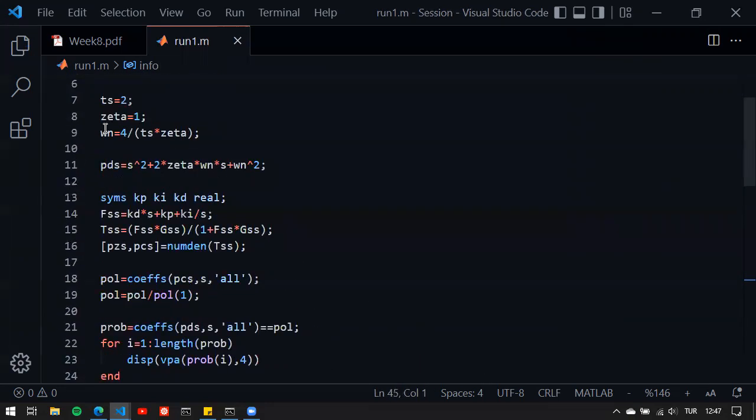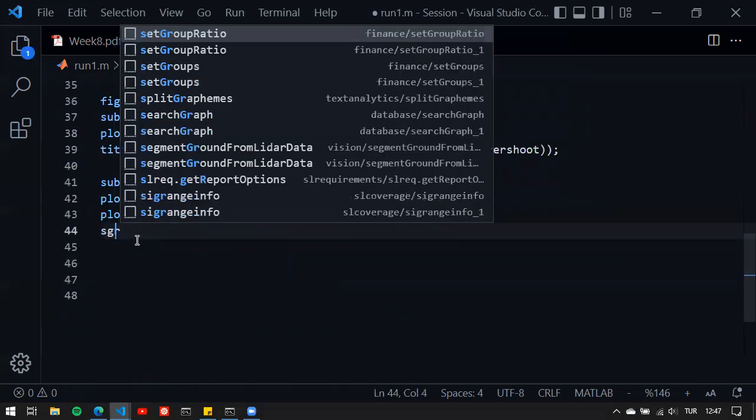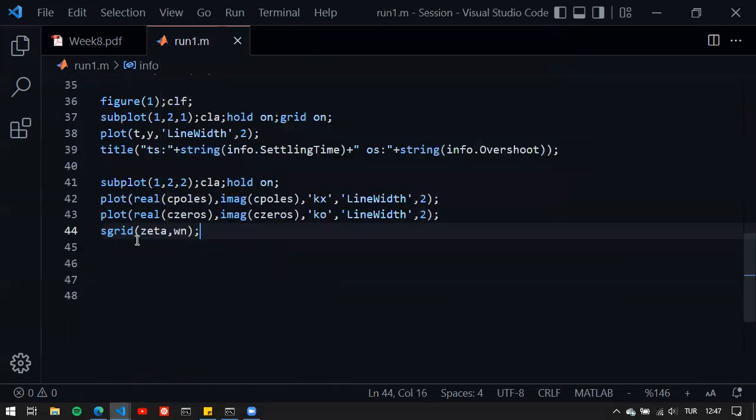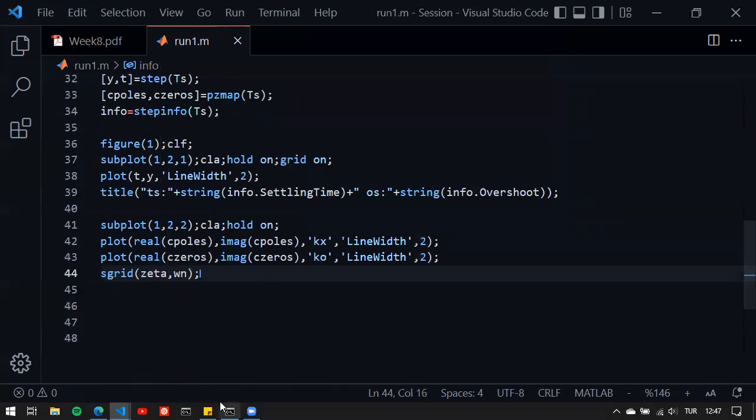Since we know what omega n is and zeta is equal to 1, what we can do is go ahead and use an sgrid here, the zeta value, comma omega n. So we have also the omega n lines here. All right, this seems to be okay.